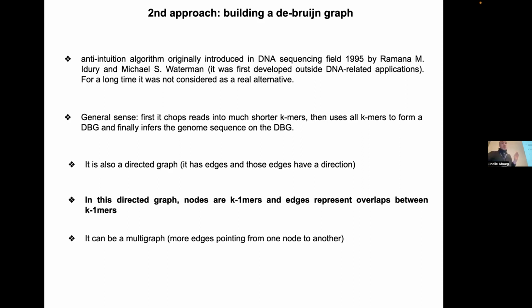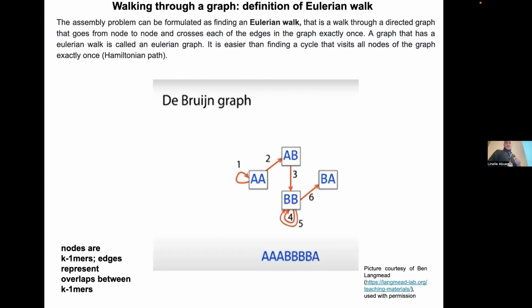And the edges will represent the overlaps between them. So essentially, the edges represent the k-mers of 31, and the two nodes at either end of the edge represent 31 minus 1, so k minus 1. So let's try to look at this.